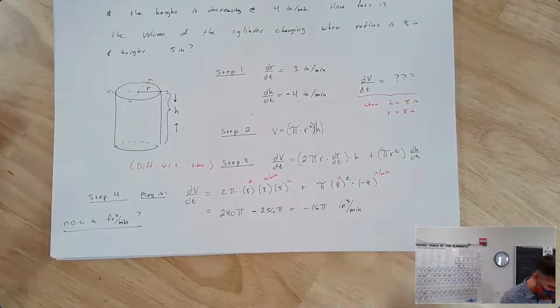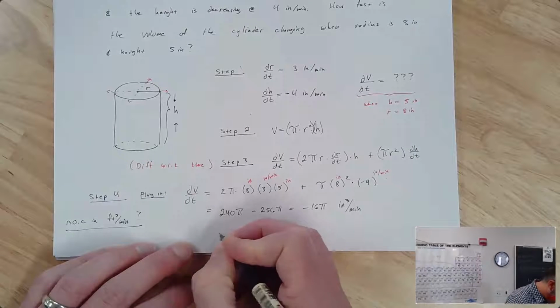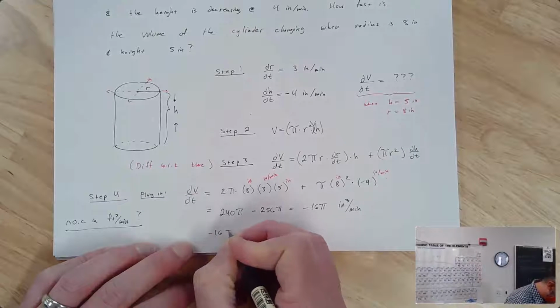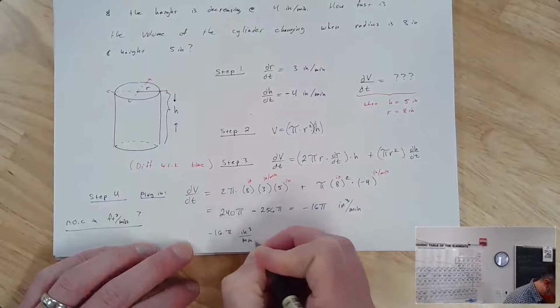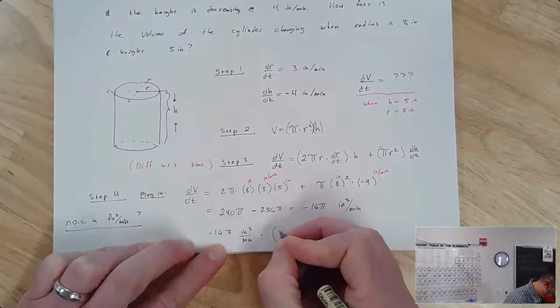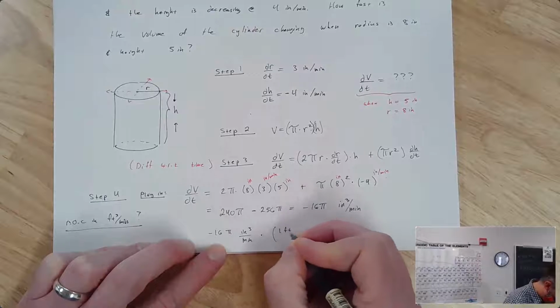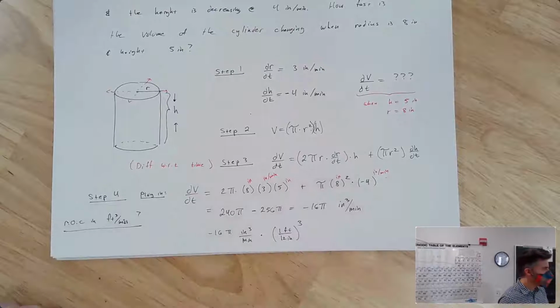So if you actually wanted to change this to feet cubed per minute, here's what you would do. You have negative 16 pi inches cubed per minute, and then you multiply by 1 foot per 12 inches, cubed.